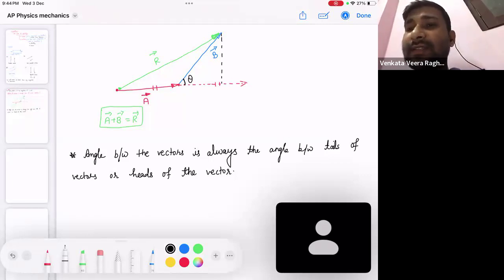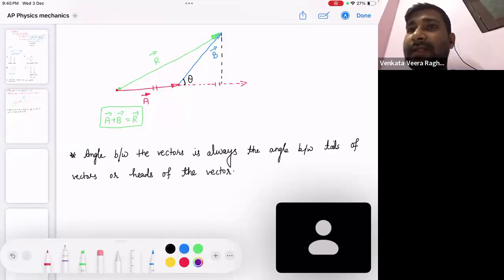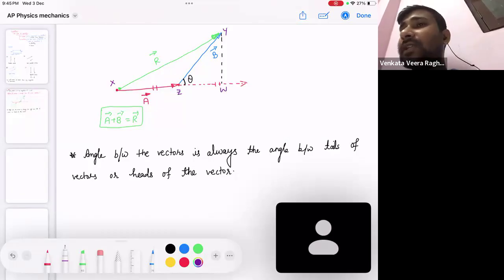Okay. So now tell me what we want to find out. We want to find the resultant. Let me just make it x, y, z, w. So if I'm asking you to tell me the resultant, that means indirectly I am asking you to tell me the length of this xy.